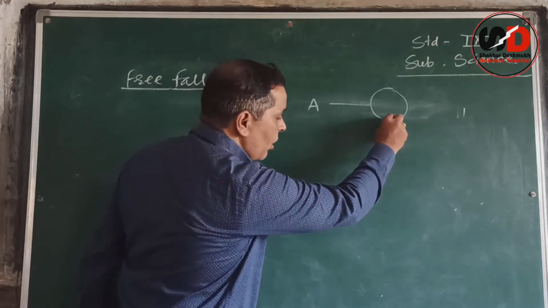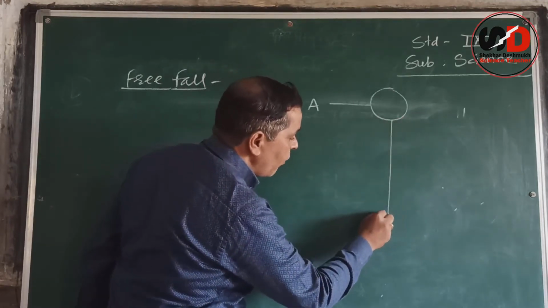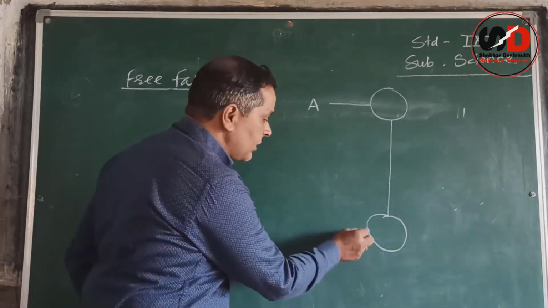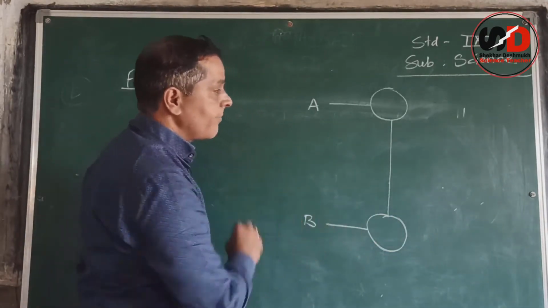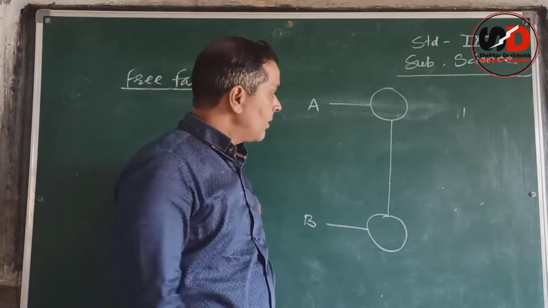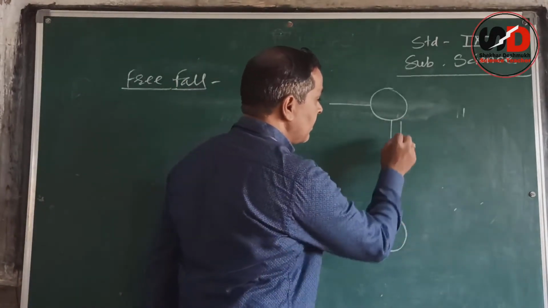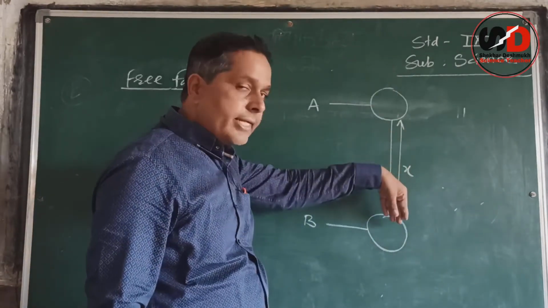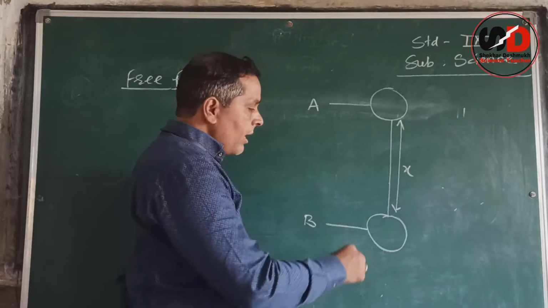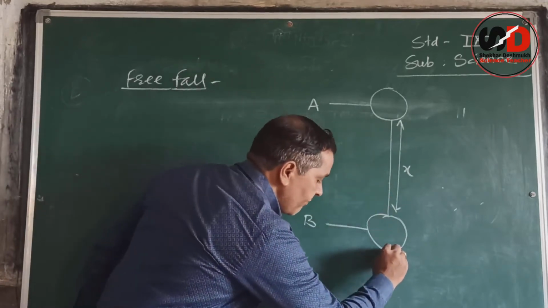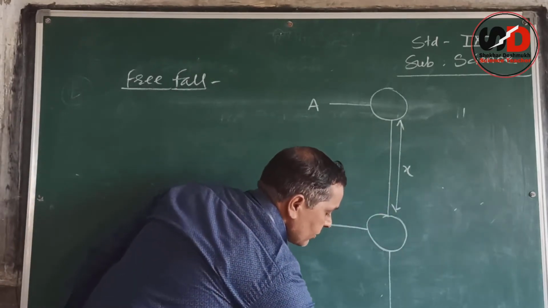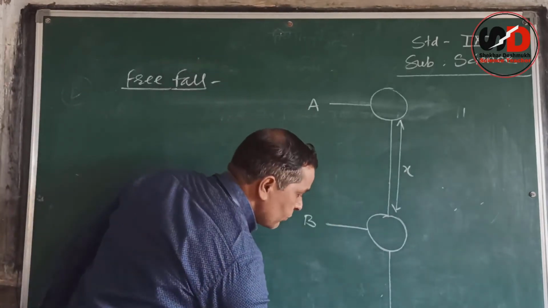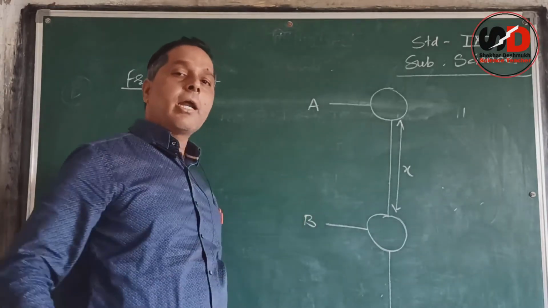Suppose this ball falls down, suppose at this intermediate position, suppose this position is position B. This much distance, suppose it is x. That means the ball travels x distance. After that, it falls down. Suppose here it falls on the ground. This position is C position, on the ground.